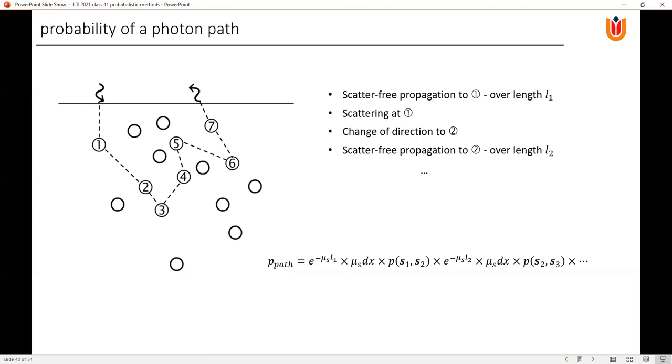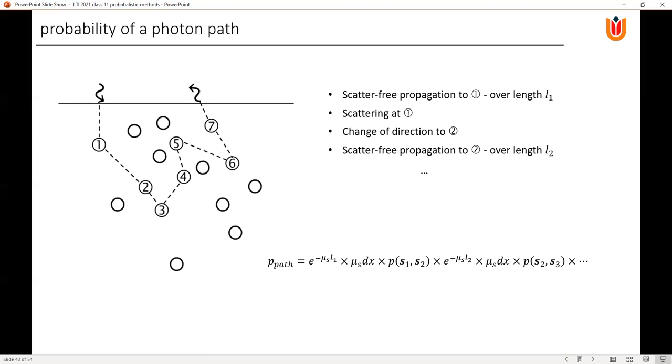So I'm going to give you an expression here. And hopefully these terms are by now somewhat familiar. So here we have what we discussed before the break. It was the same as absorption. So exponential minus μs times L1 is the probability of the photon traveling length L1 without, in this case, any scattering.